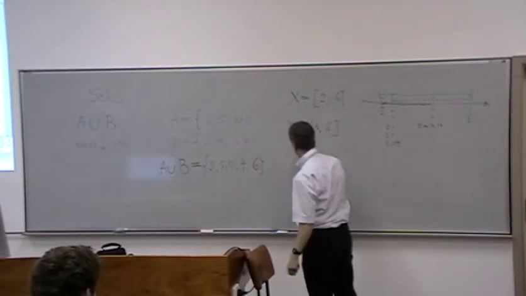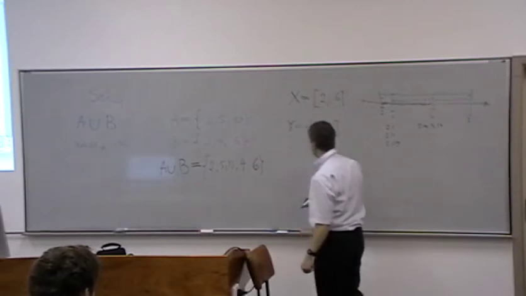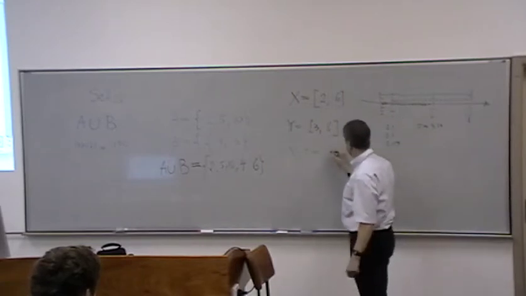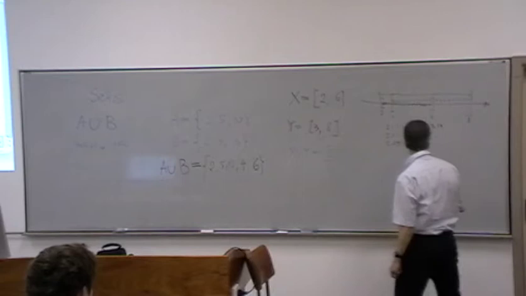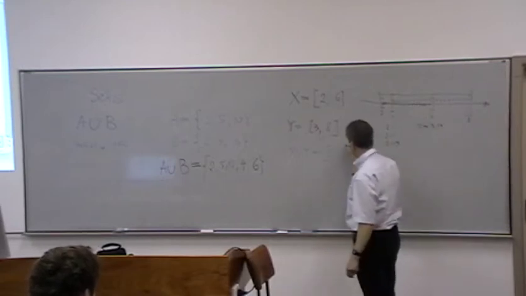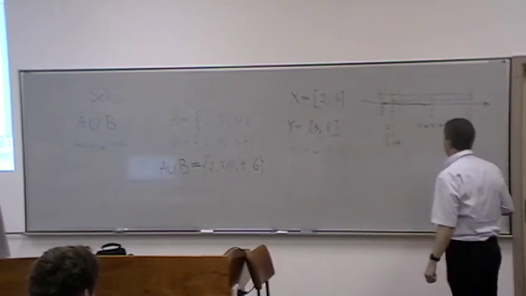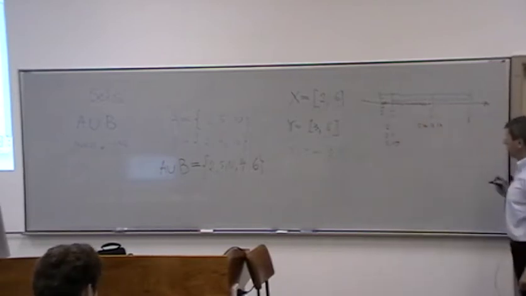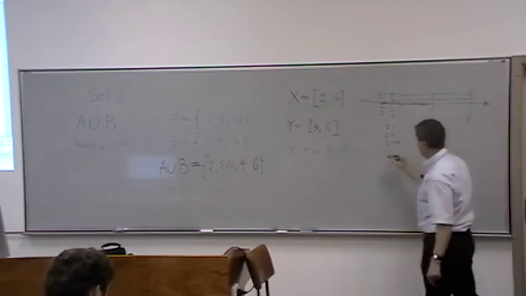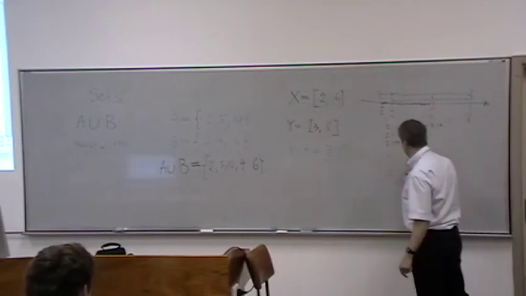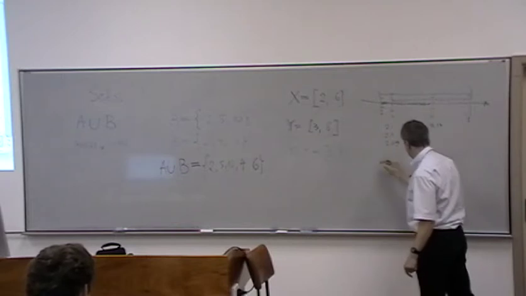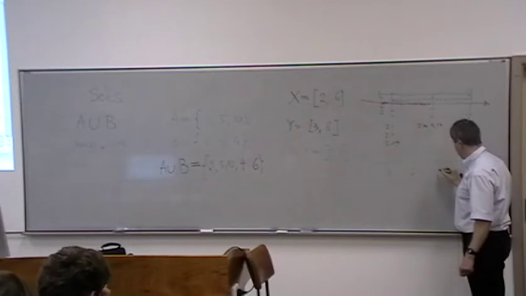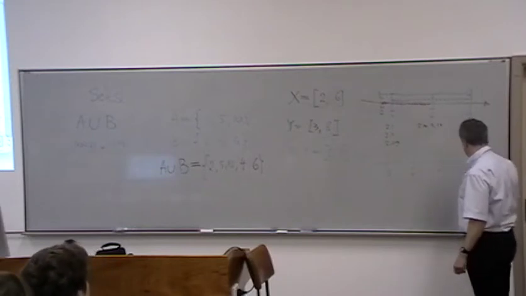X union Y is again an interval which starts at 2, including, and ends at 8. Here the two intervals of which we formed the union overlapped. It could also be, say, that we have two intervals which do not overlap, say from 5 to 7.